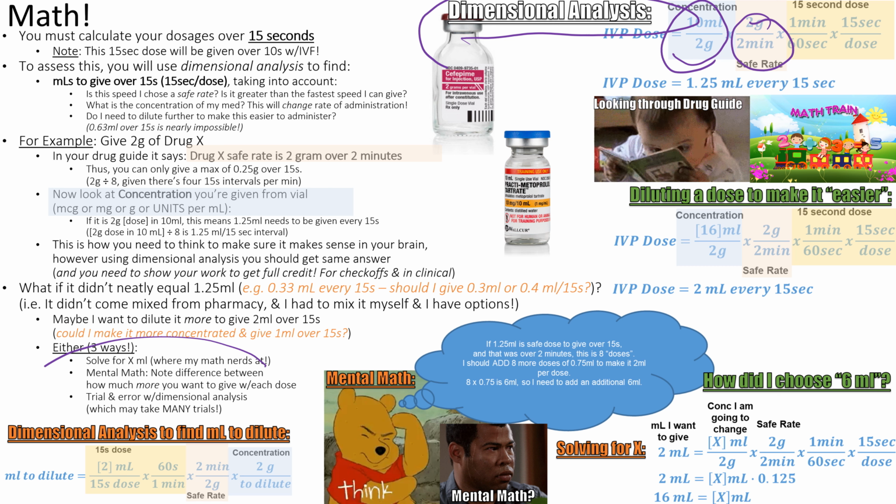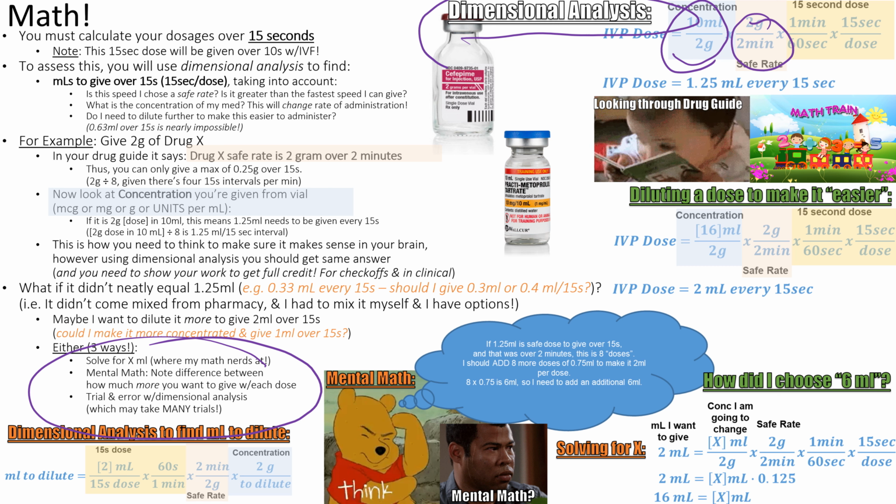So I've got 3 different methods you can use to solve for how to dilute it to make it easy, right? You can do mental math. So if I calculated that I'm giving, let's do something weird, like 0.5 over 2 minutes, what is that for every 15 seconds? Remember, there are 4 15-second intervals in every minute.